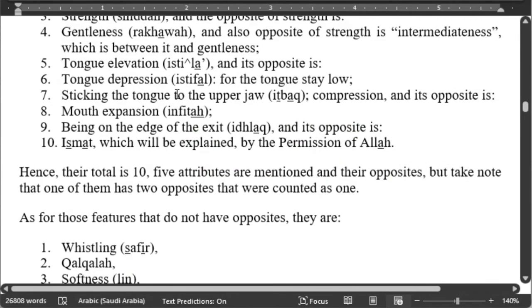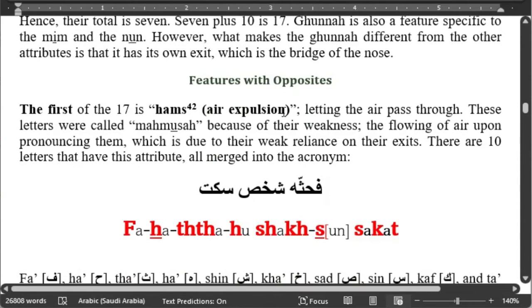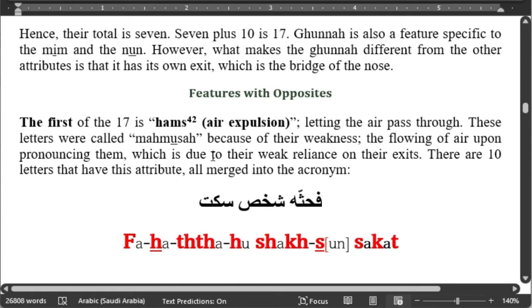So let's back up real quick. The hams letters, what do they do? They release the air. So that means there's going to be air and there's going to be sound.